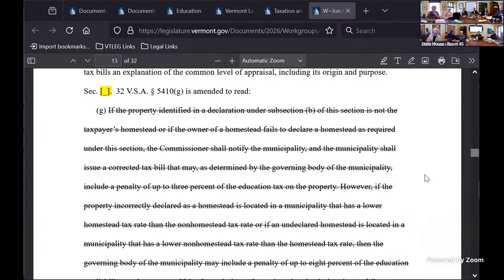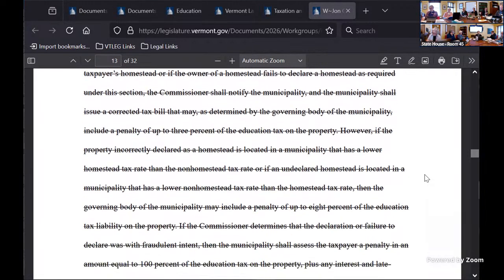And so we currently have in law a provision that's meant to impose penalties for fraudulent attempts to pay lower rates. Essentially, you don't need to have this section anymore if you just have a uniform rate across the two, but that's what this big deletion is. Existing law is imposing a penalty and trying to deter folks from gaming the different rates.